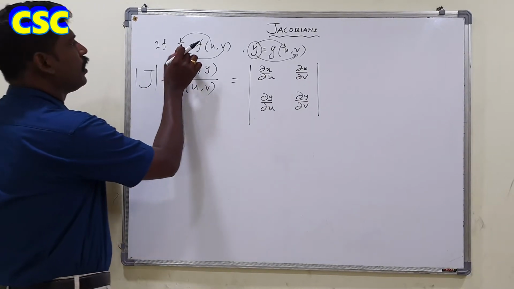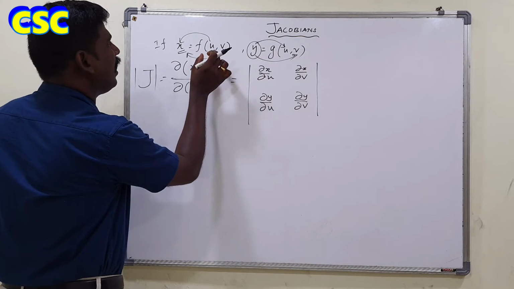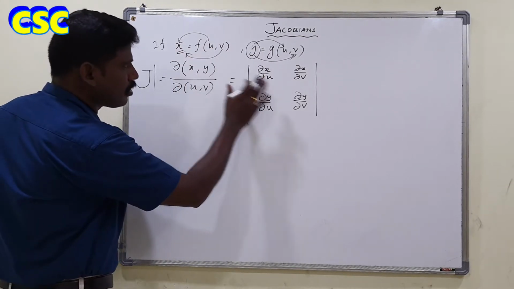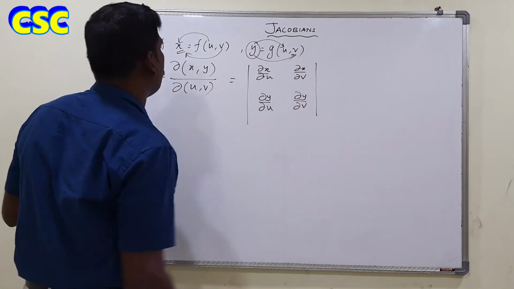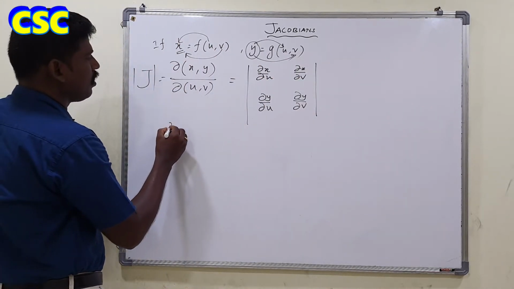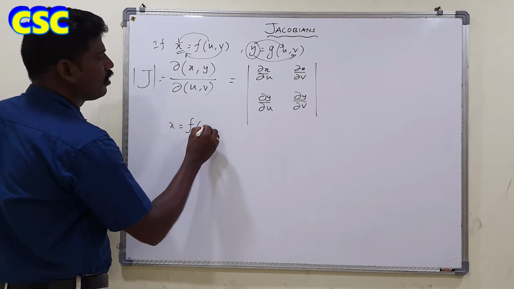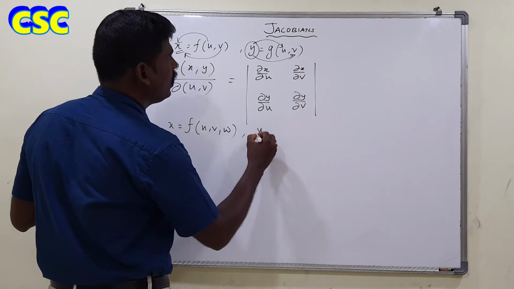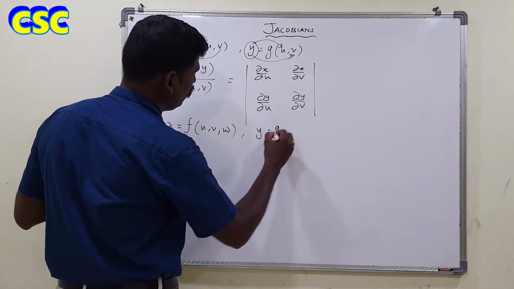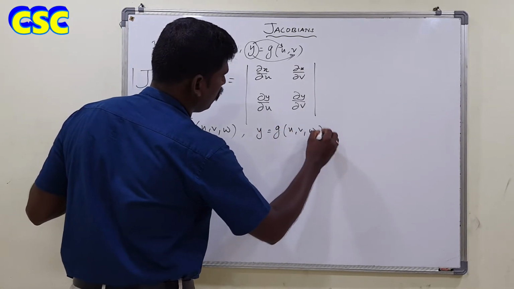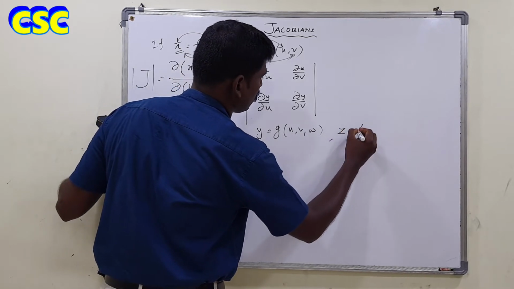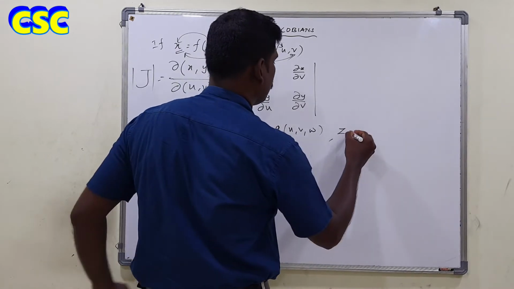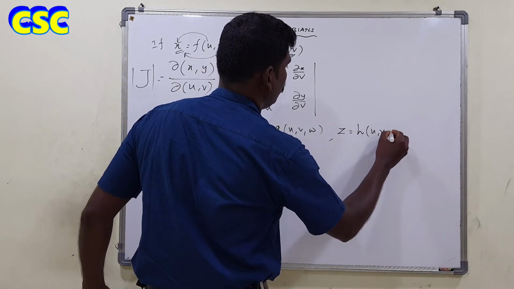Here x and y are linked with two variables. We can extend this concept to three variables or n variables. Suppose x is a function of u, v and w, similarly y is a function of u, v and w, and z is also another function of u, v, w.